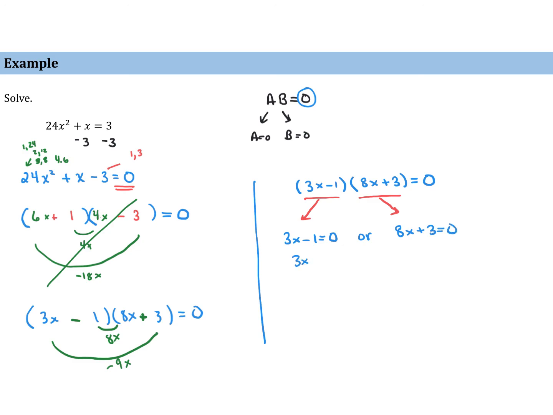So 3x equals 1 would mean that x equals 1/3. Here 8x would equal negative 3, so x would equal negative 3/8. So our answer is x equals positive 1/3 or negative 3/8.